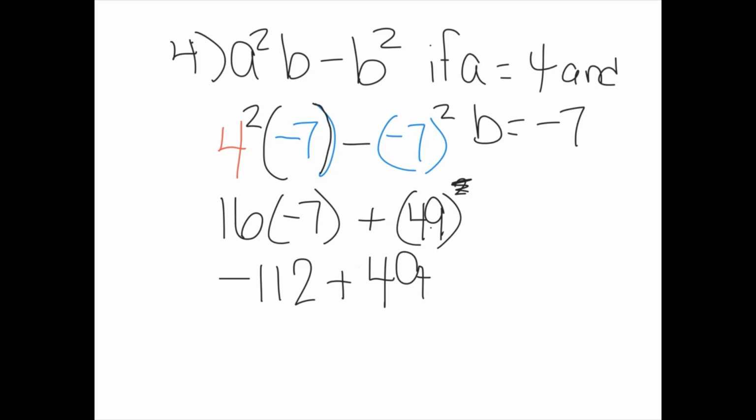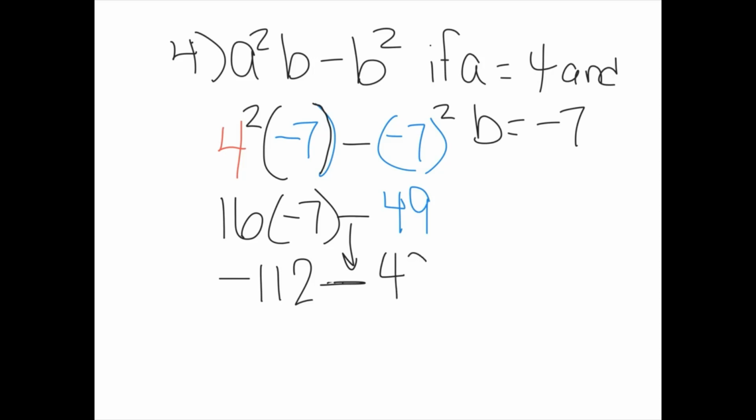Let's look at this again. It's minus negative 7 squared. Negative 7 times negative 7 is positive 49. So it's negative 112 minus positive 49, which equals negative 161.